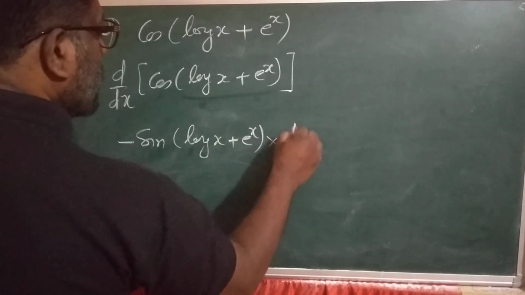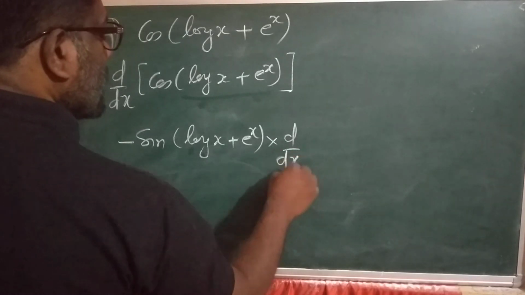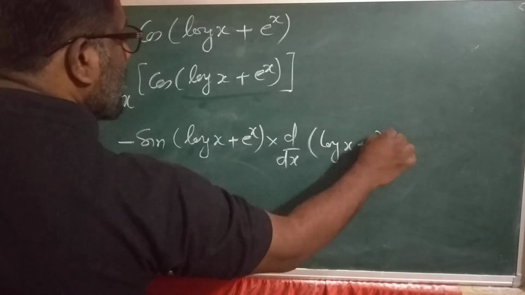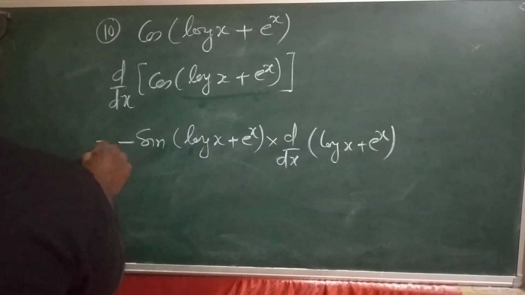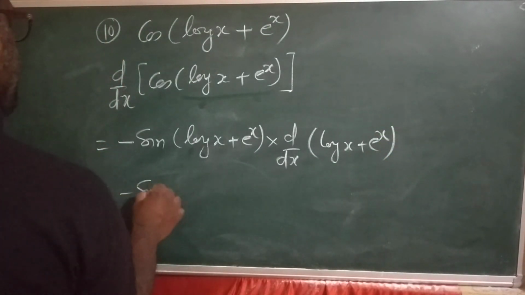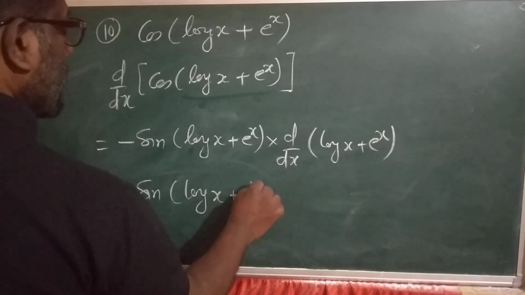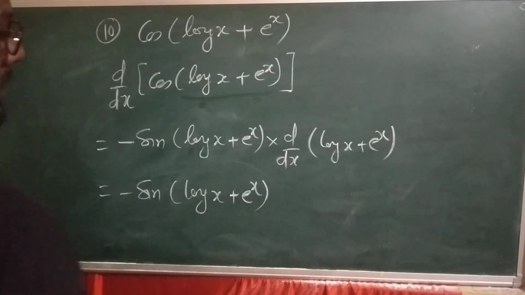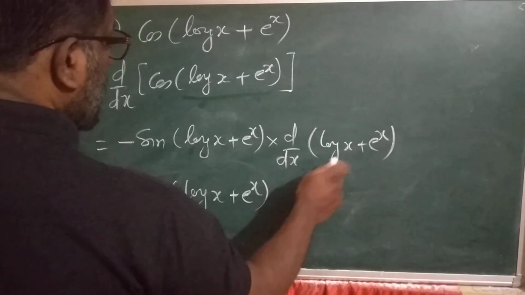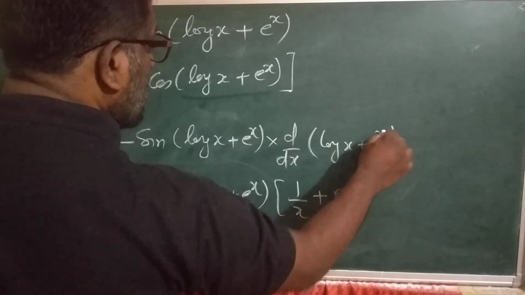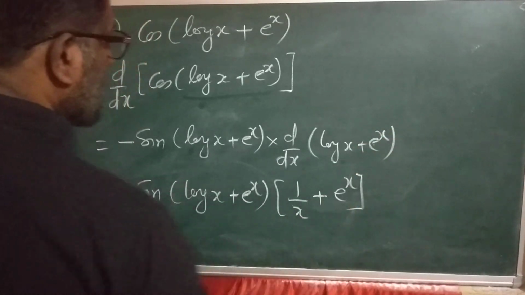Then derivative of log x plus e to the power x. Now in bracket the derivative of log x is 1 upon x and derivative of e to the power x is e to the power x only.